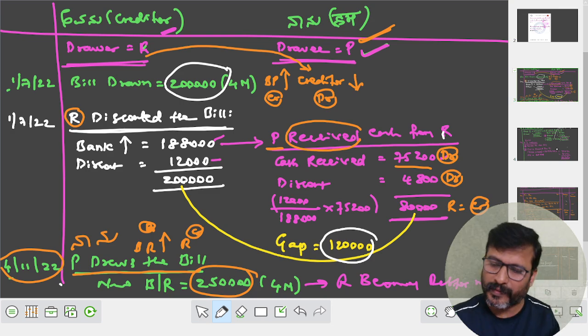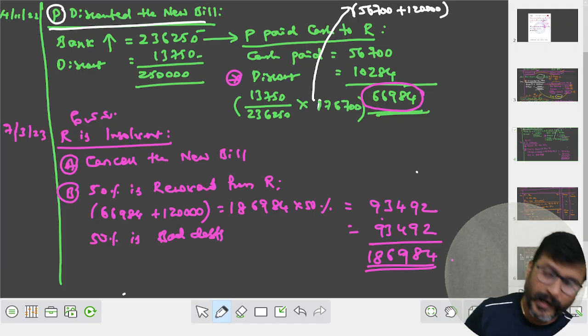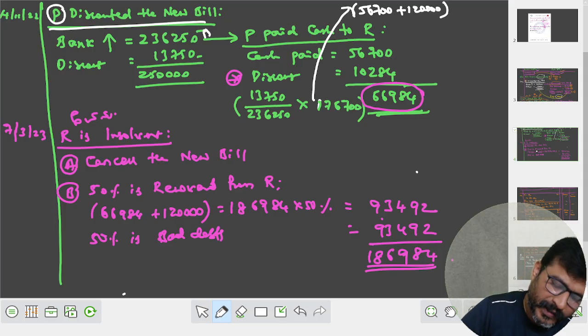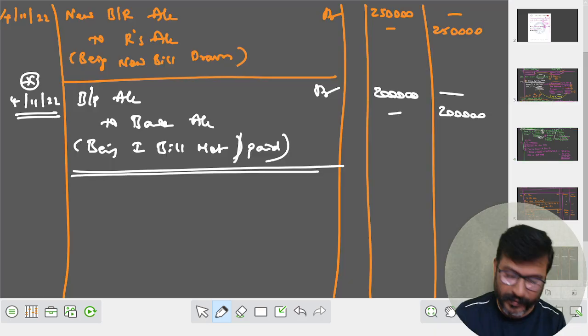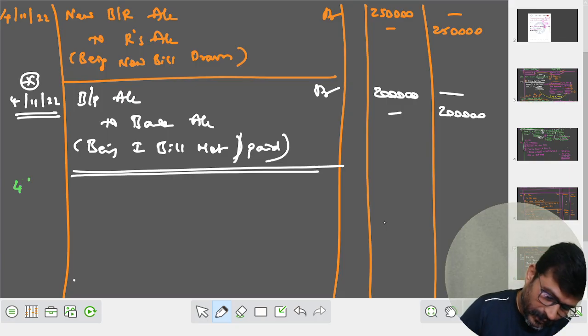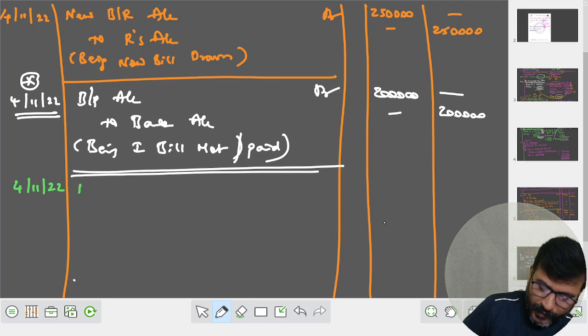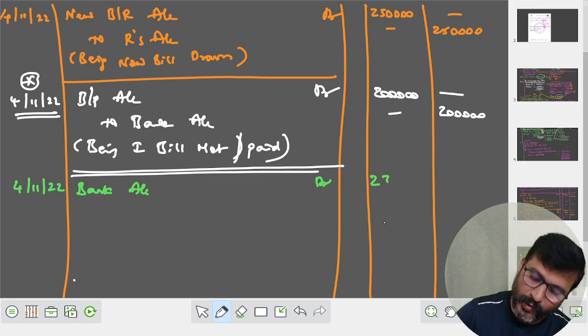See what happened after this. So the new bill is drawn. After this, what happened? P discounted a bill. When P discounted a bill, what happened? For P, cash increased, debit. Discount is to be debited. BR decreased, it is to be credited. For this the journal entry on 4th November 22 will be: bank account debit, the bill is discounted for 2,36,250.